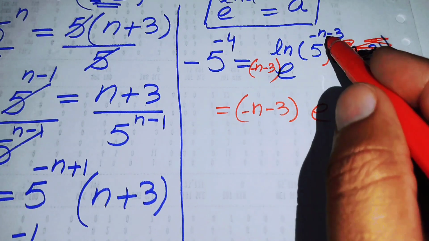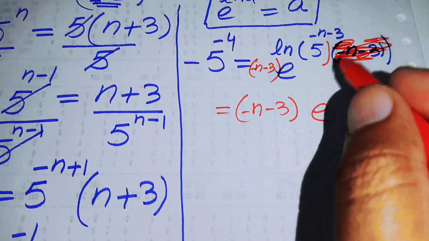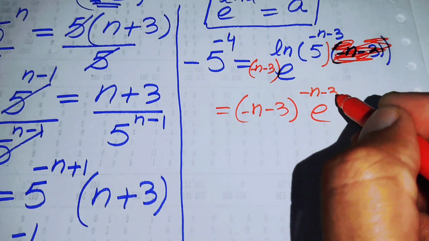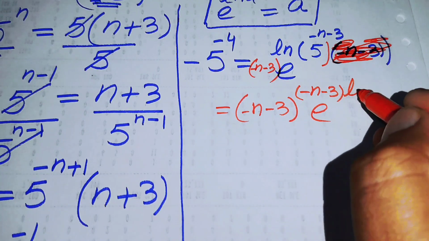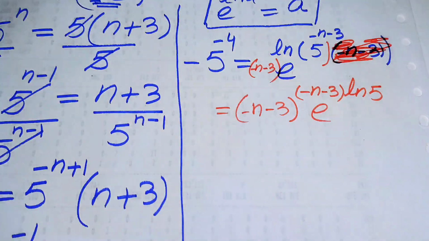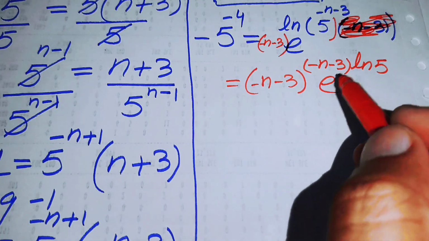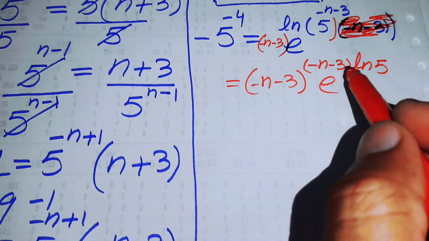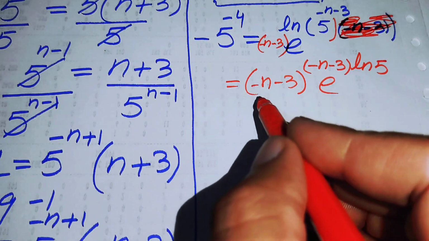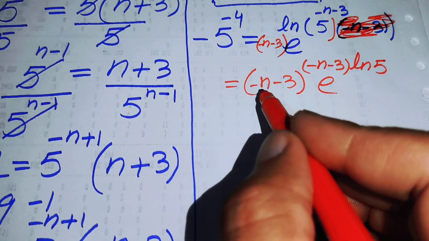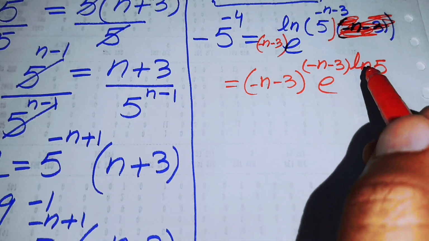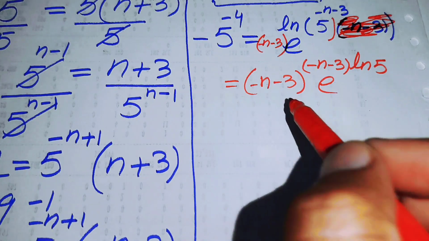we move this exponent in front of the log, and you get minus n minus 3 times log 5. Here you see that the exponent of e is minus n minus 3 into log 5, and its coefficient is minus n minus 3, and we will make this exponent match this coefficient.